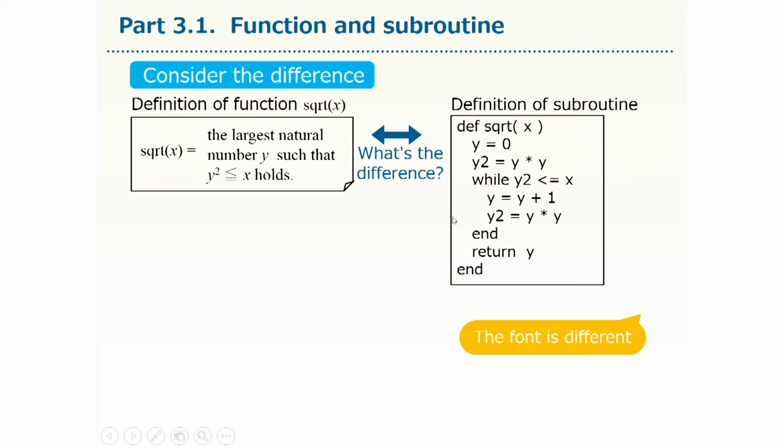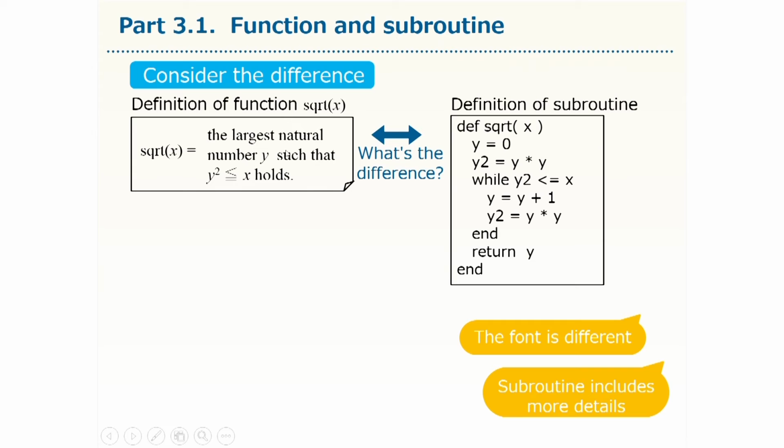Well, this is a superficial difference. Is there any other? Yes, the subroutine is written in more detail. It indicates in detail how to compute, how to combine basic individual computations as a program. This is not given in a mathematical definition for a function in general. For mathematical functions, it is enough to specify the correspondence between the input and the output of the function precisely.